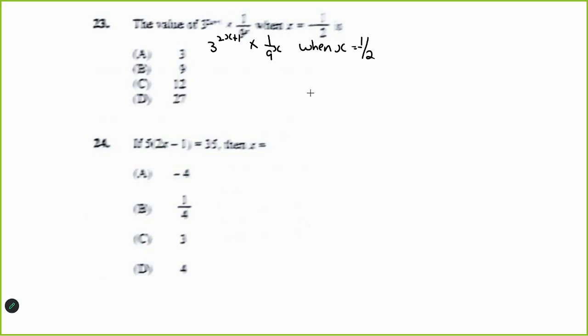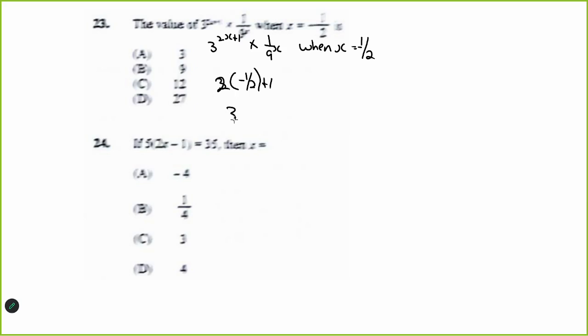So they want us to multiply this. That is 3 to the power of 2 times minus a half plus 1. Minus a half times 2 is negative 1. Negative 1 plus 1 is 0.